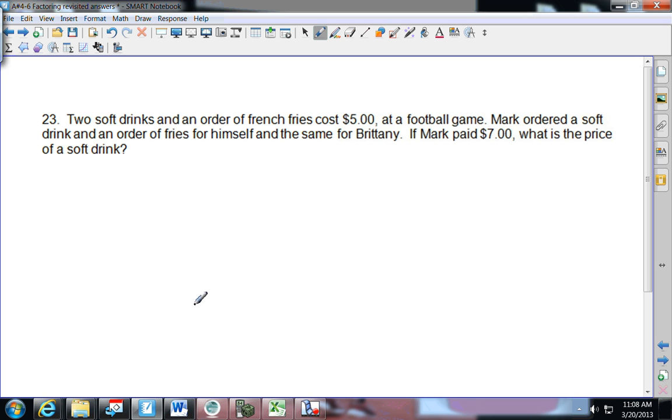Number 23. 23 is actually not this quadratic. It's a review of what we've done before in the past. It's systems of equations. First off, it says 2 soft drinks and an order of French fries cost $5 at a football game. Mark ordered a soft drink and an order of fries for himself, and the same for Brittany. If Mark paid $7, what is the price of the soft drink? So basically we have, I'm going to make D equal the drink and F equal the French fries.